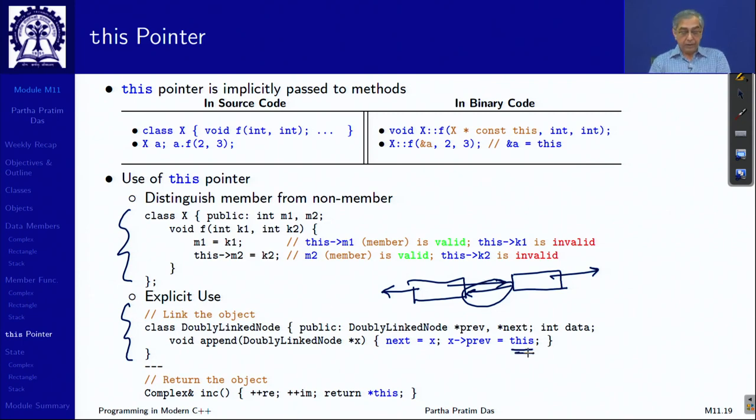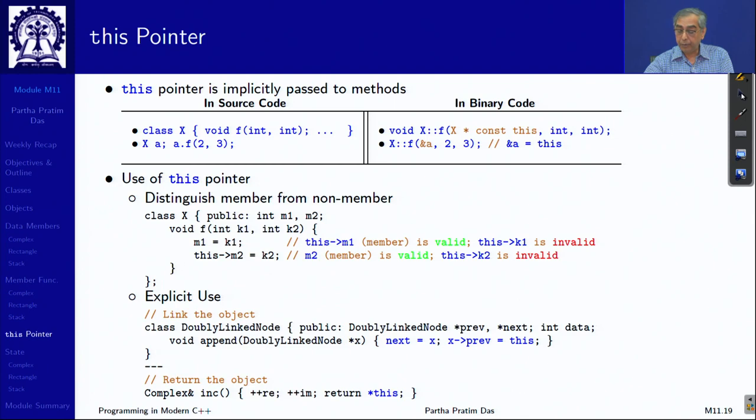So, you need to use this pointer. It will also be required at times to return an object from a member function. The object that you have, you want to return that same object back. We will see the actual context of why you need this, and you will need to refer to this pointer. So, this use is more an optional one, but these are explicit uses without which you would not be able to write the code in the proper manner.